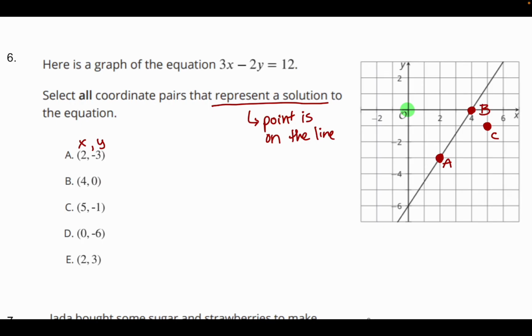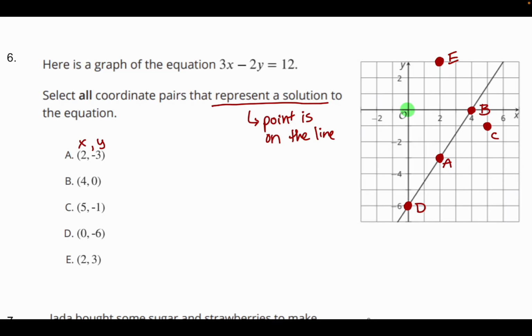0 comma negative 6 means we go 0 left to right and then go down 6. So that would put us here. And that is D. And then E is 2 comma 3. Both positive. So that's going to land us right there for E. Okay, so clearly not all of these points are on the line, but I have 3 of them that are.